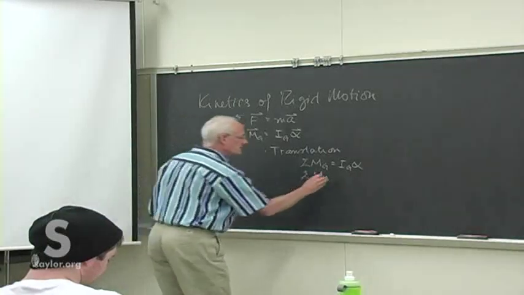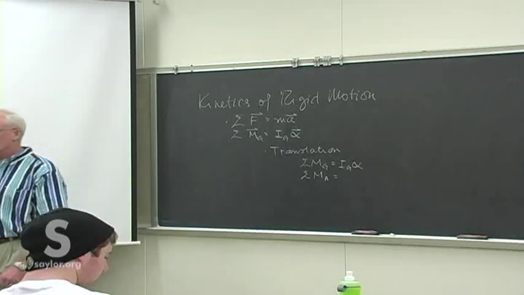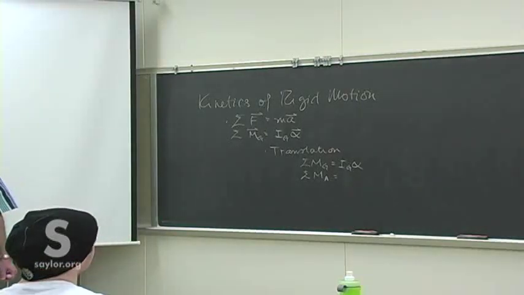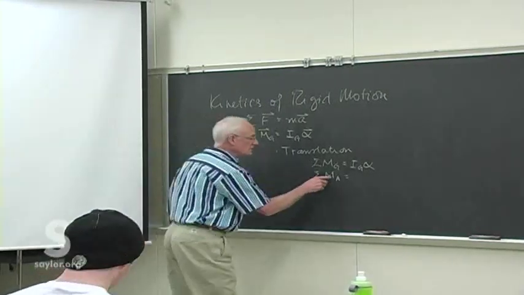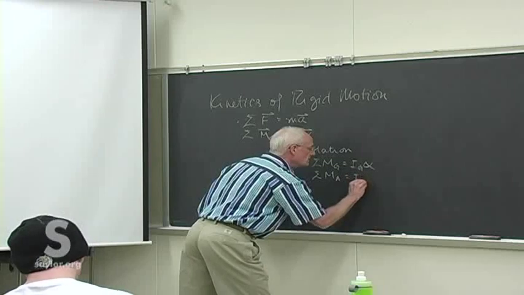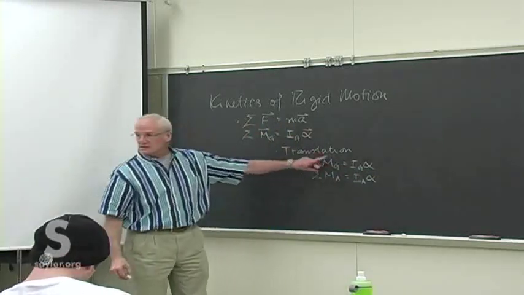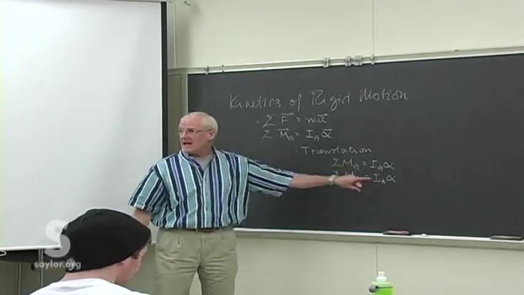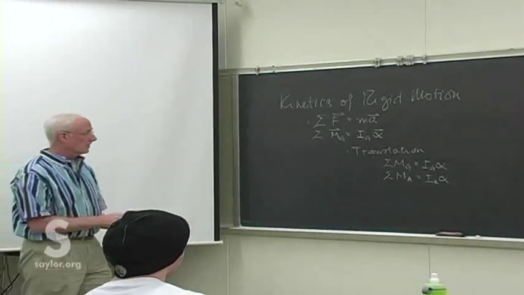Sometimes problems get a little easier if you pick a different moment about which to make your sums. Sometimes the forces disappear from the equation, so the solution's just easier. If you do that, don't forget that you can use any form of this equation as long as these subscripts match each other. And that's where students sometimes get into trouble.